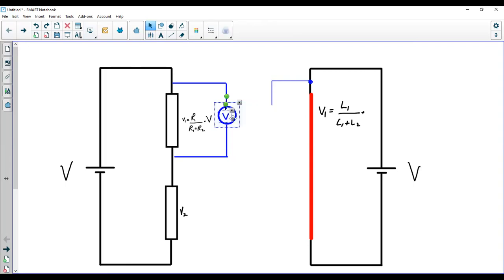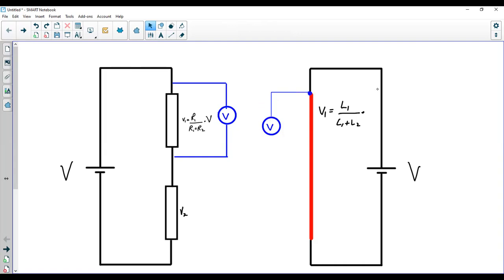What does it mean? That we can connect the other end on this red wire anywhere. Just fix it. So one end of the voltmeter is connected with the red wire at one point.